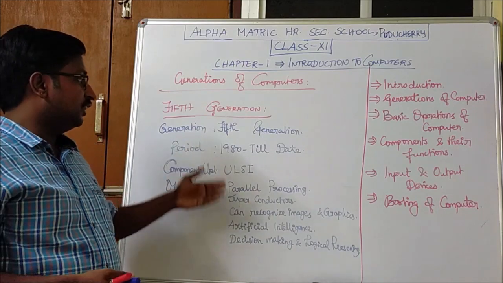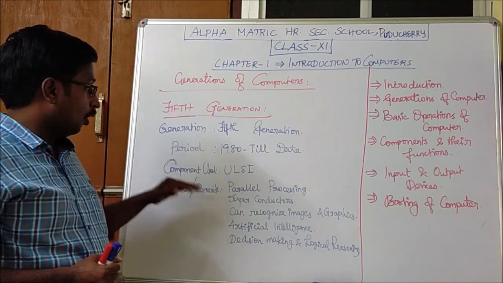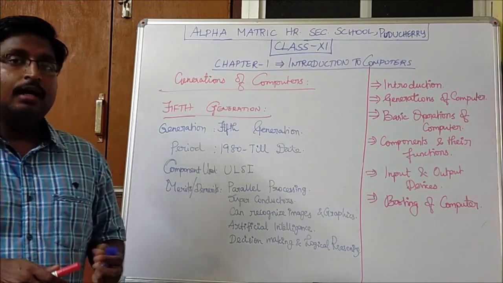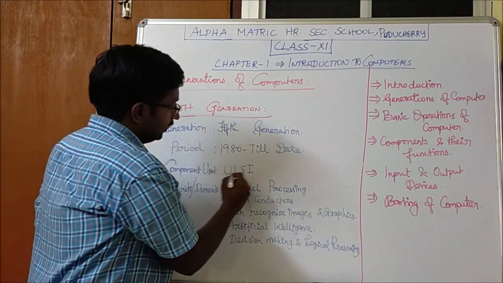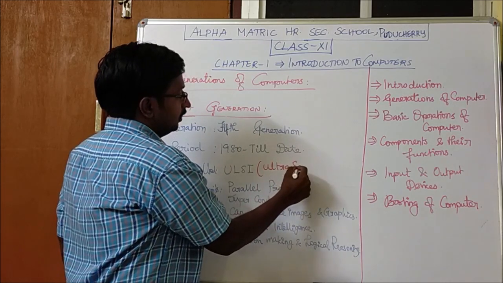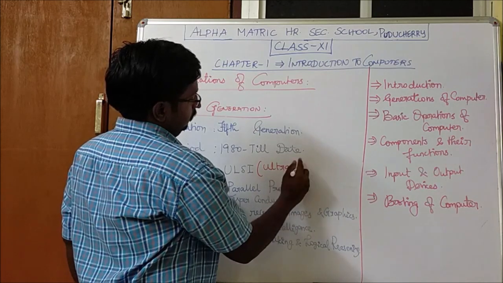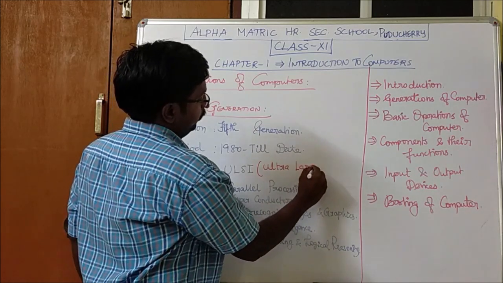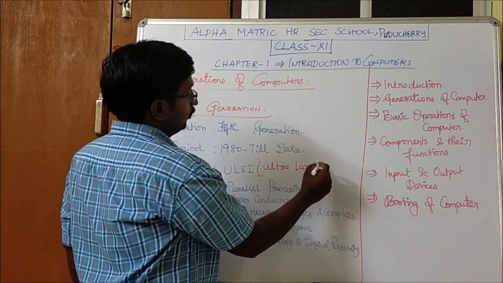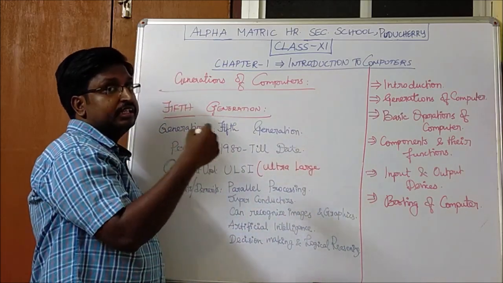The period of the fifth generation is 1982 till date, and the component used is ultra large scale integration. That is, we can say an upgradation of the VLSI. In the previous generation, the component was the microprocessor, which we called very large scale integration.